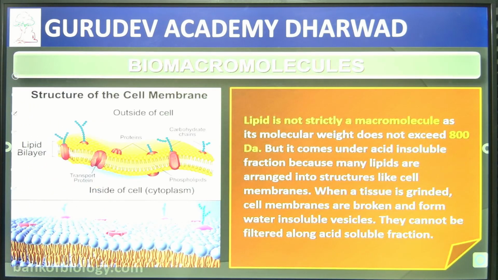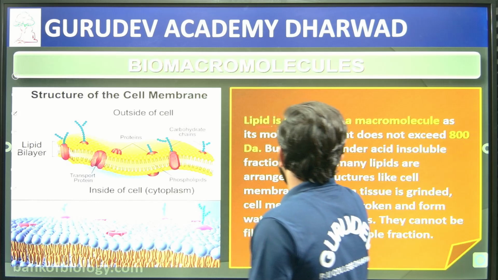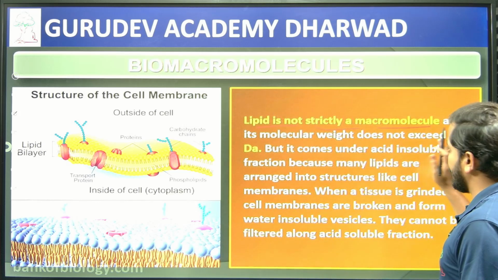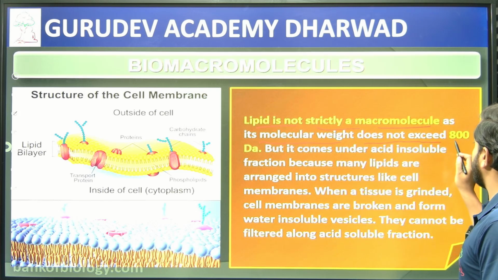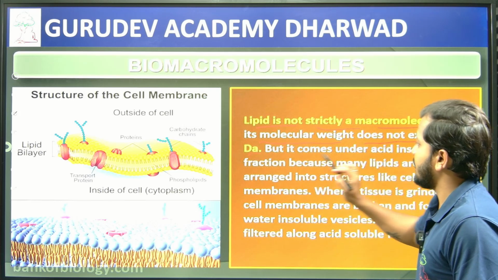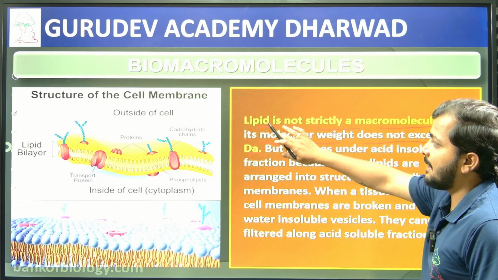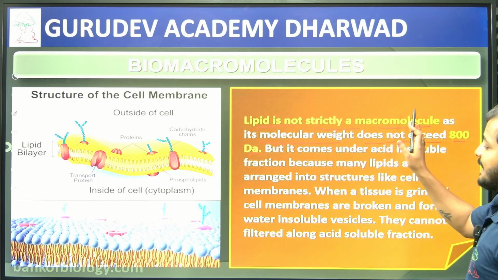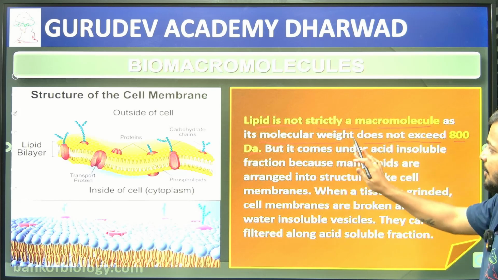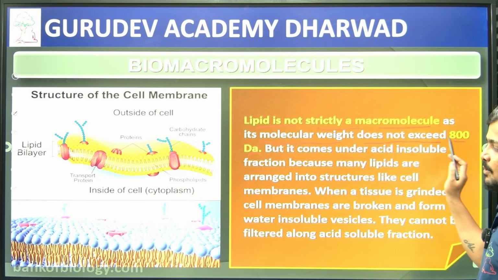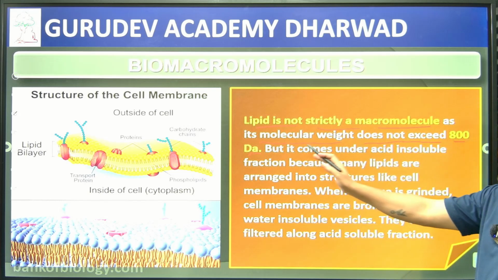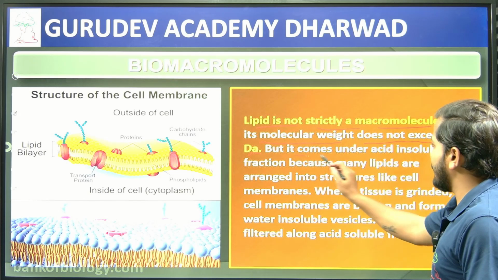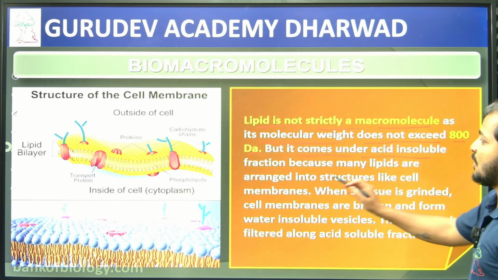Then, the structure of the cell membrane is actually made up of lipids. The lipid is not strictly a macromolecule, right? As its molecular weight does not exceed 800 Dalton. So we cannot consider lipid strictly as a macromolecule, because its molecular weight is less than 800 Dalton, but it comes under the acid insoluble fraction.